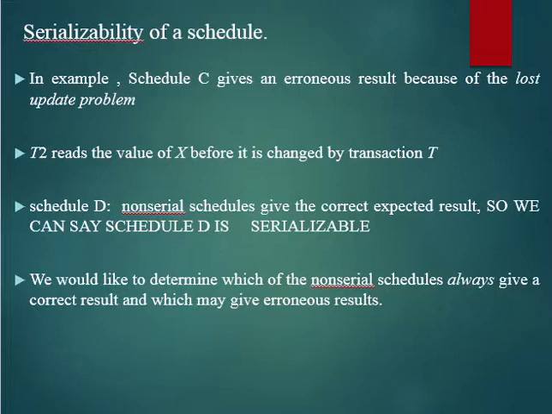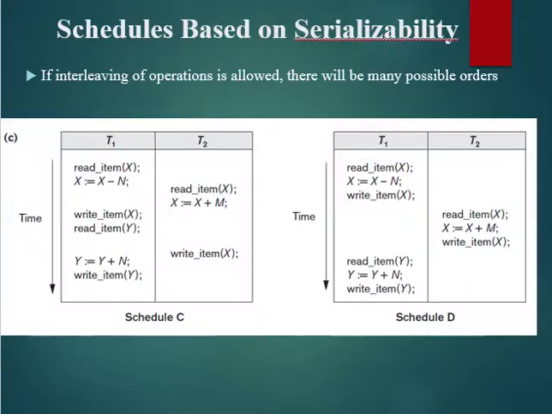So example C gives an erroneous result because of the lost update. We already saw this in the lost update problem. Here you can see T1 updated the value, but before writing the item to the secondary device, T2 read the old value.